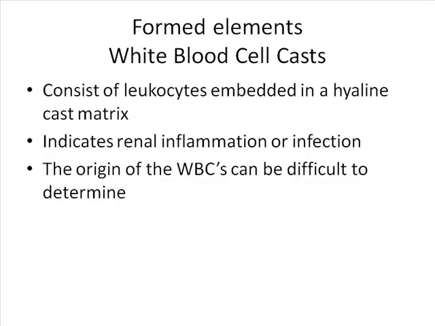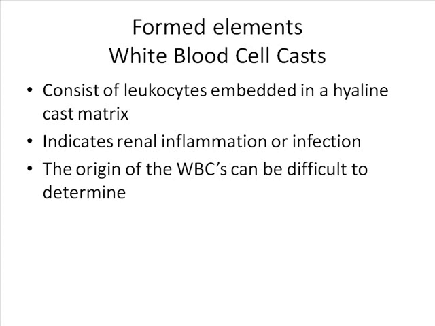All right, now your white blood cell cast is basically, once again, a hyaline matrix, but where are those white blood cells? Well, they're coming from up high in the tubules, which can indicate that you have an infection very high in the tubules, or what we call a kidney infection, that's what a lot of people say.